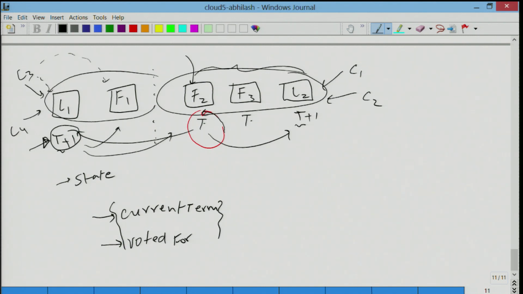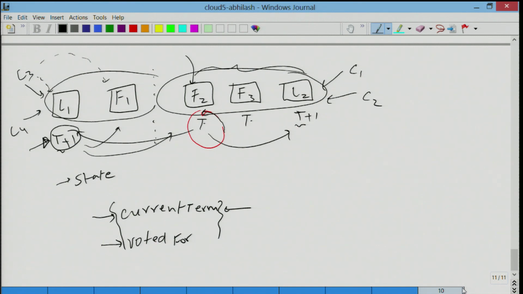But in terms of current term, we can simply say that whichever term is greater, just accept that request. Yes, but you have to remember the latest term you have seen so that you can reject append entries from older terms, and you have to remember it across restarts. Suppose I have two leaders, one at t minus 1 and one at t.